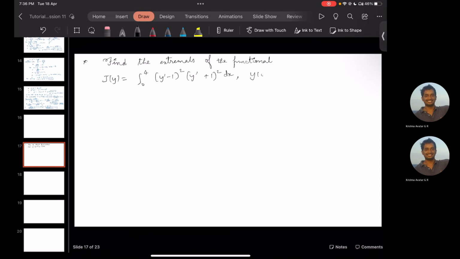And the boundary conditions are y at 0 is equal to 0 and y at 4 is equal to 2, and which has just one corner.